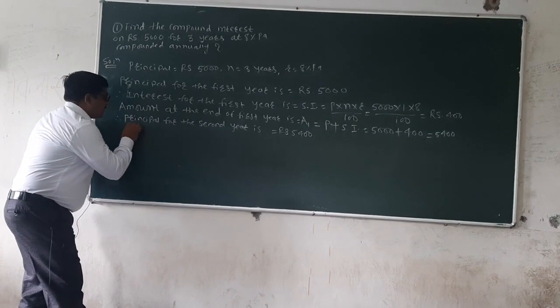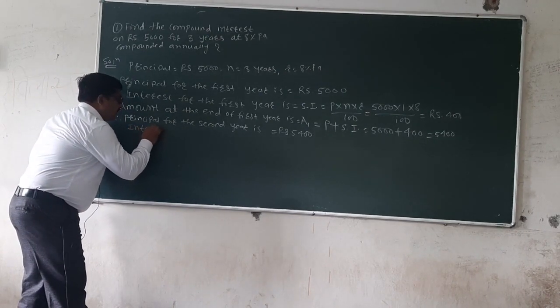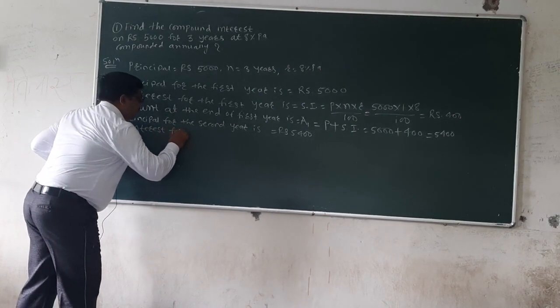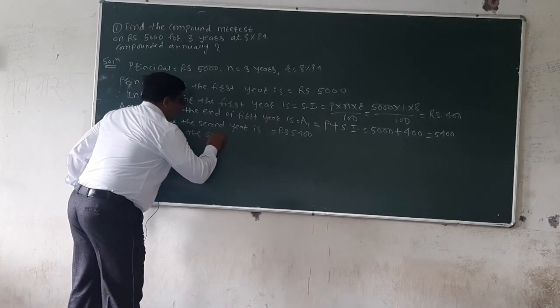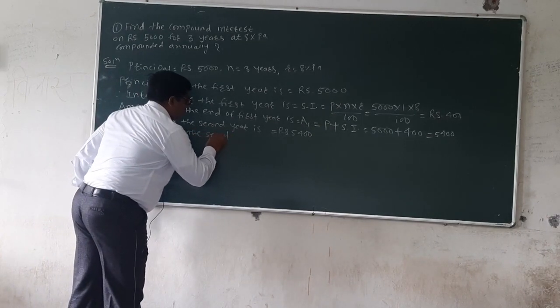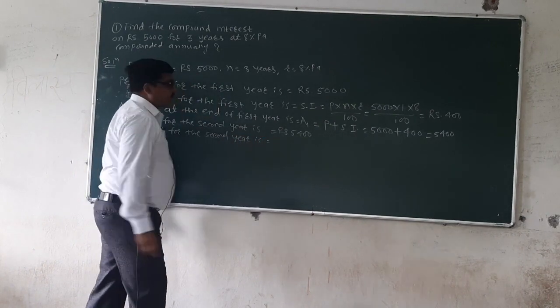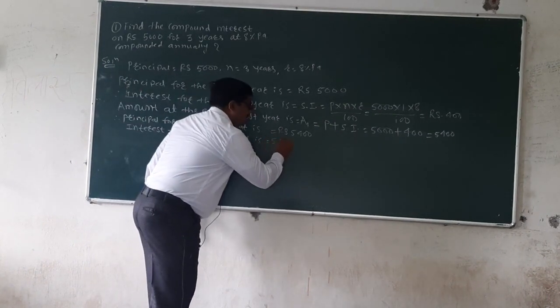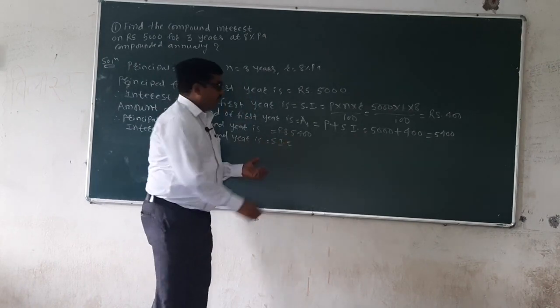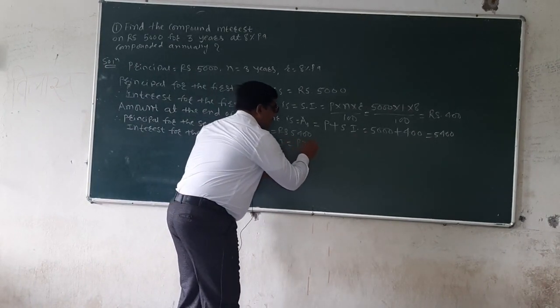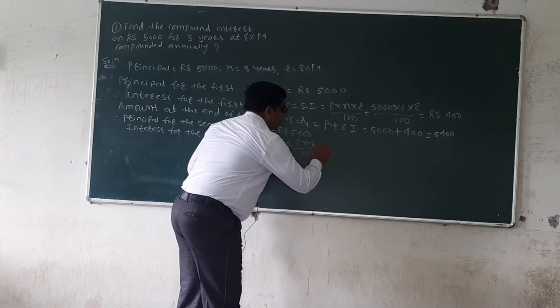Interest for the second year: SI equal to PNR upon 100.